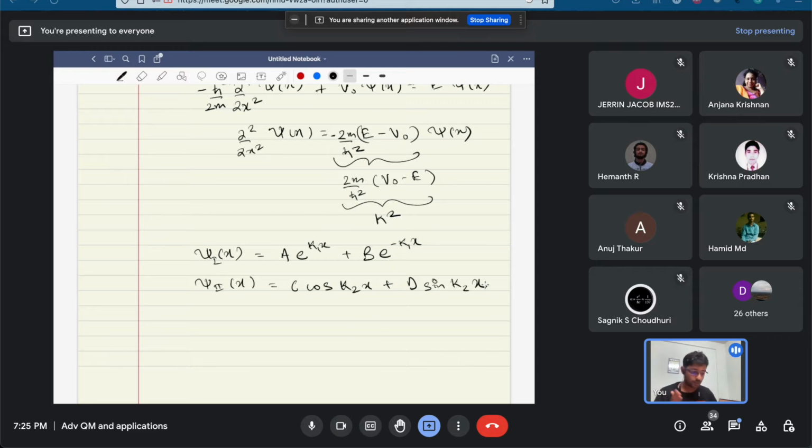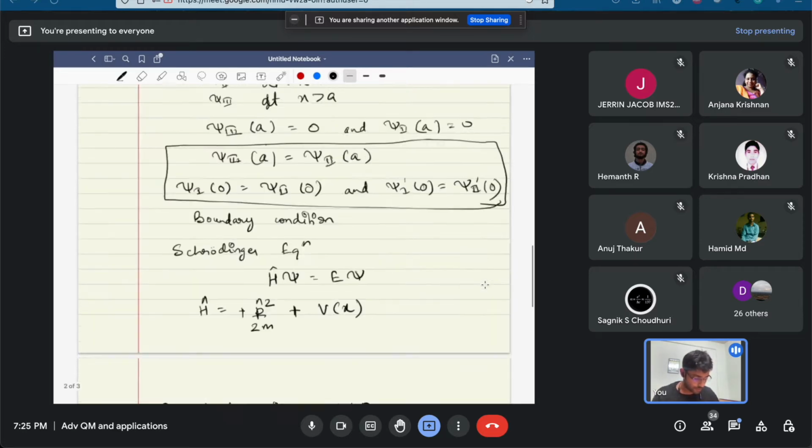Because a is greater than 0 and we have a minus sign, it comes in the form of e to the power i kx plus b e to the power minus i kx, and you can change it, because e to the power i kx can be written in the form of sine or cosine. So this is the wave function that we have obtained.